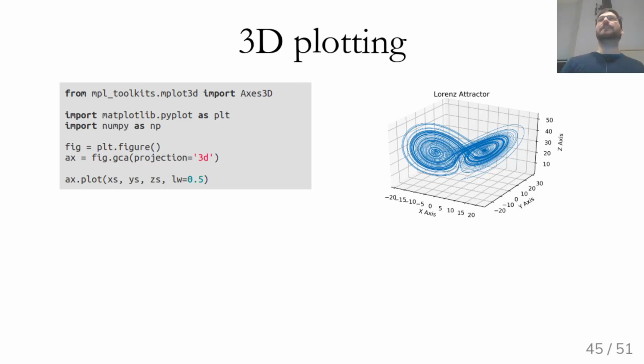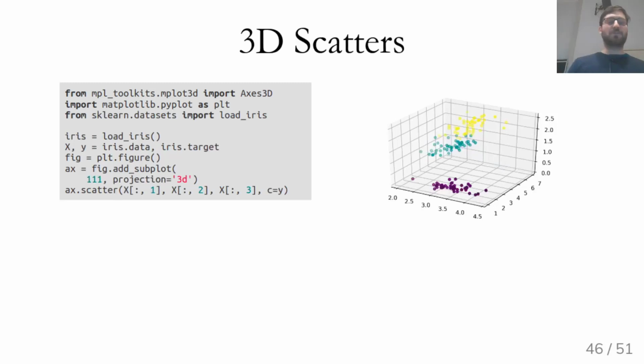Generally, I find 3D things not as useful. In particular, if you don't have the interactivity, they're pretty useless because if you do, for example, a 3D scatter plot, without interactivity, it's just a 2D scatter plot with a weird projection that the UI chose for you, right? If you have the interactivity, you can spin it around, you can see different angles, so it might be good for exploration.